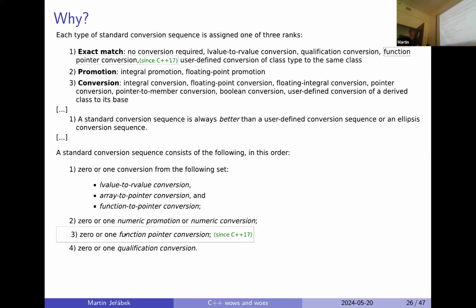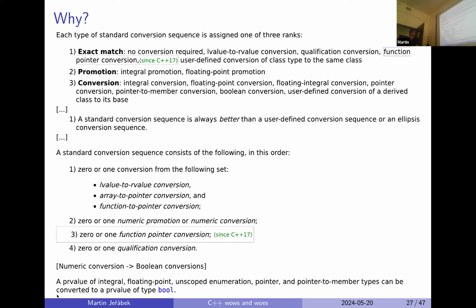The one which interests us is the numeric conversion, and a part of numeric conversion is the Boolean conversion, which says the PR value of integer, floating point, unscoped enumeration, pointer, etc. types can be converted to a PR value of type bool.